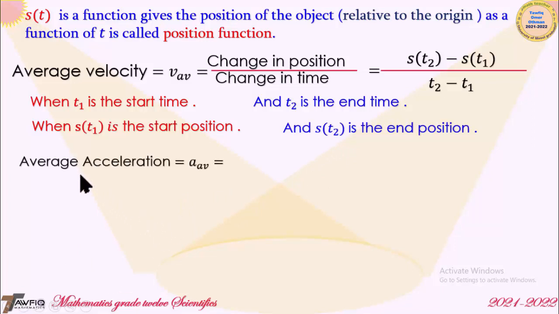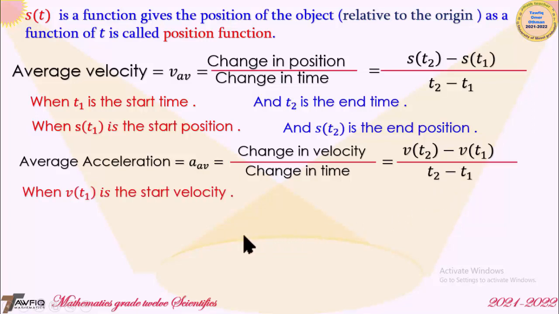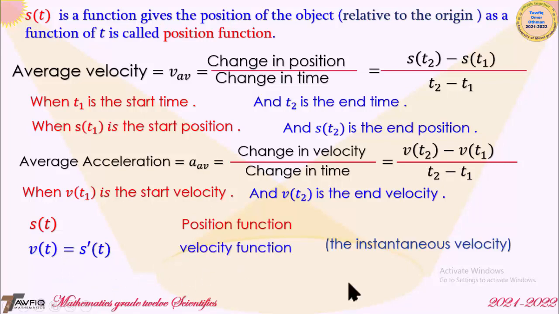Average acceleration is the change in velocity over the change in time. That means (v(t2) - v(t1)) / (t2 - t1), where v(t1) is the start velocity and v(t2) is the end velocity. s(t) is called the position function, and v(t) equals s'(t), called the velocity function, the instantaneous velocity.